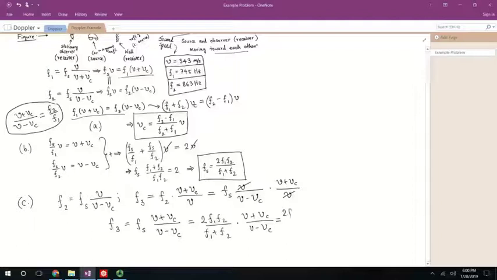So we get 2 times F1 F2 divided by F1 plus F2, and the second part, V plus Vc over V minus Vc, is just F2 divided by F1. This F1 cancels with the first F1. So our final answer for F3 is equal to 2 times F2 squared divided by F1 plus F2. Again, this is our final answer.